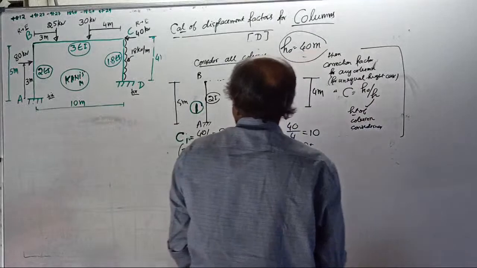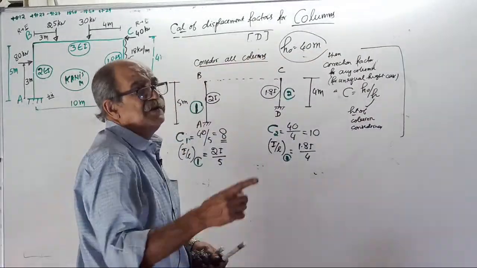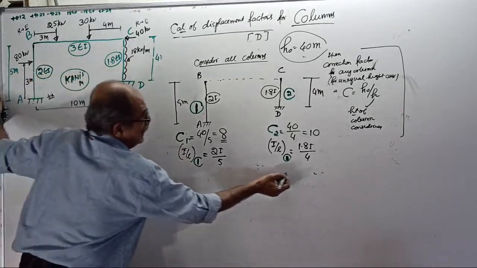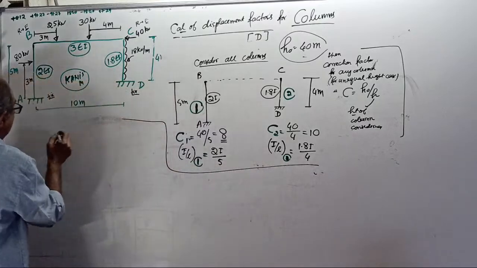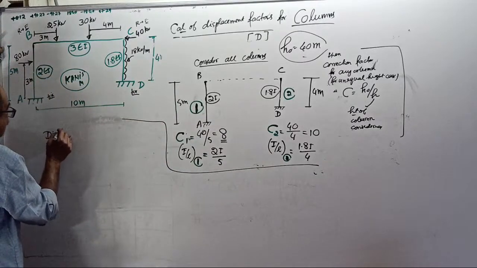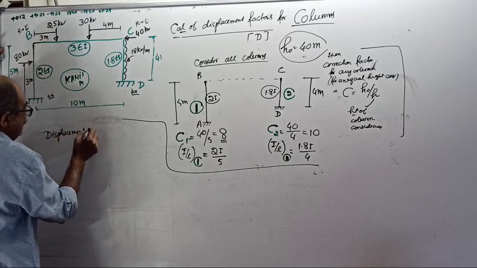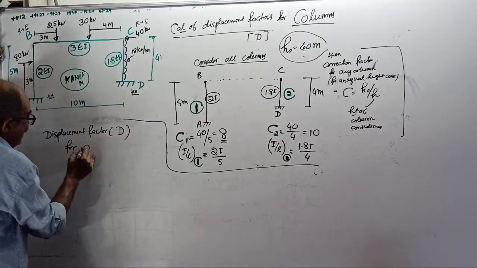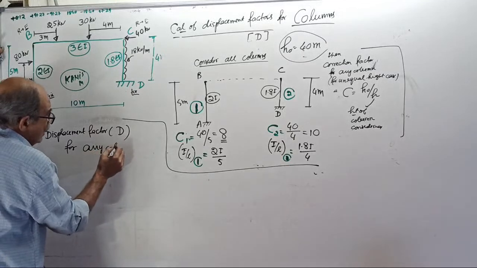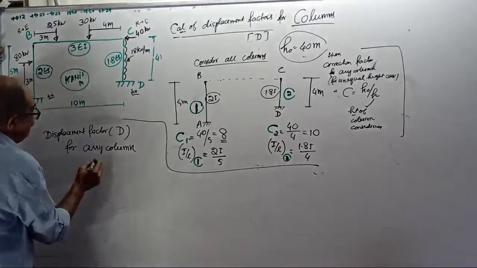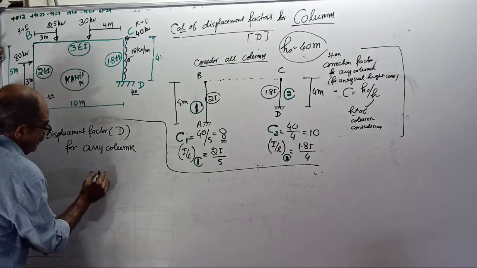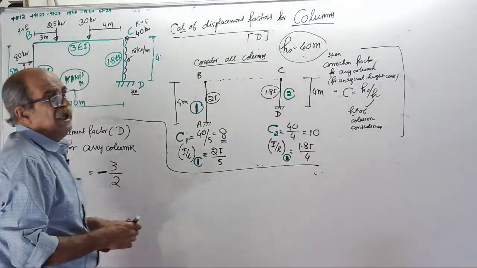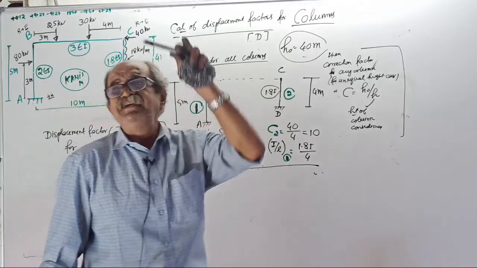Okay, now see. I will write the formula for displacement factor here. Displacement factor, symbol is D, for any column. That is D equal to, remember, the formula is minus 3 by 2. 3 by 2 is a common number, it comes in the derivation.